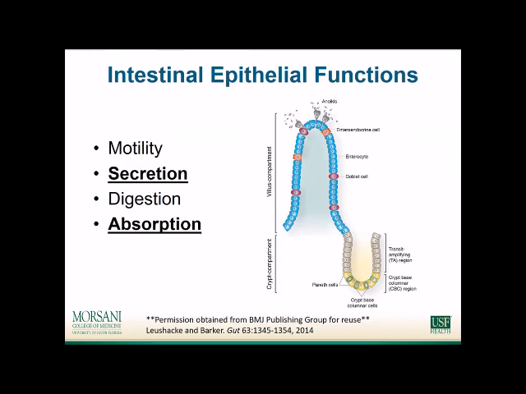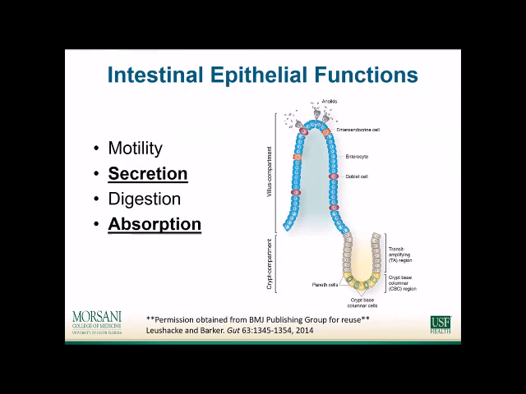Now, classically, it's taught that secretion predominantly takes place in the crypt compartment, that these cells have more of a secretory role in secreting electrolytes and therefore water out into this lumen space of your intestine. While the absorption piece is predominantly taught that takes place in the villus compartment, and that's where your nutrients would be digested and then absorbed across these enterocytes.